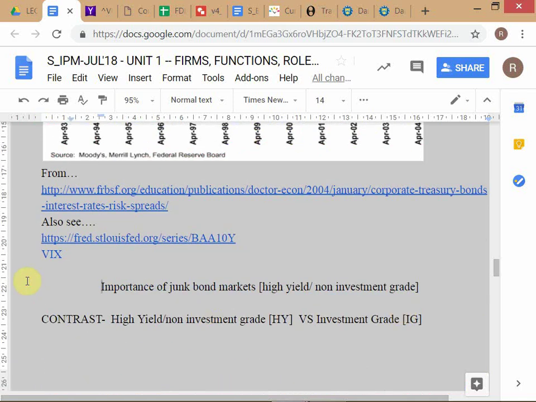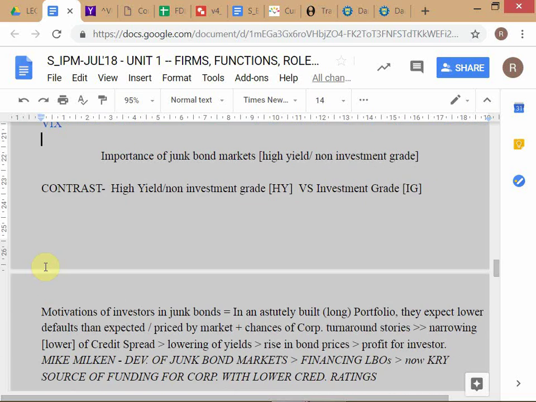All right, so one last point about this particular topic, which is the importance of junk bond markets. These are terms you have to be aware of. High yield. When you look at discussions on Bloomberg TV, or even at tickers, you'll find HY as a ticker, which means high yield, which is junk bonds essentially.